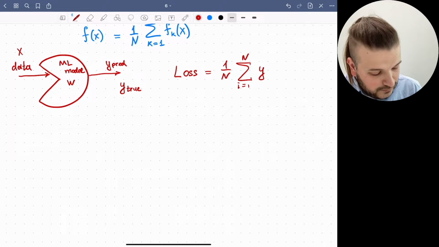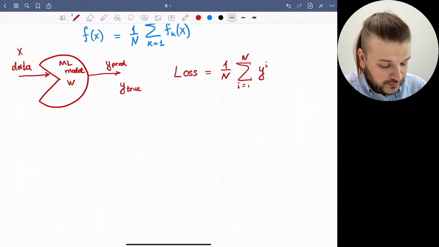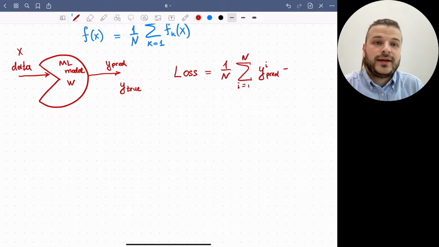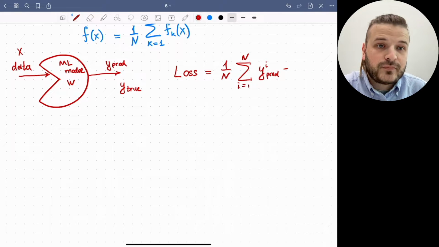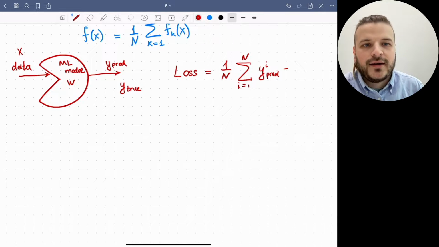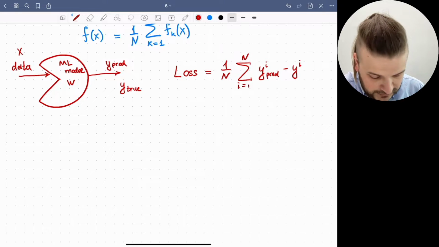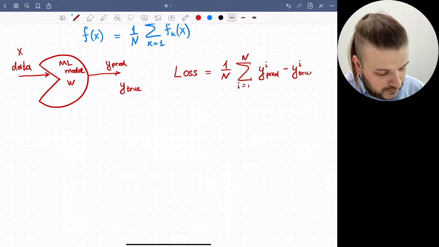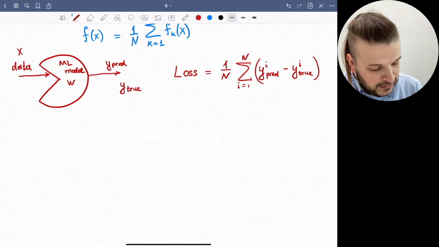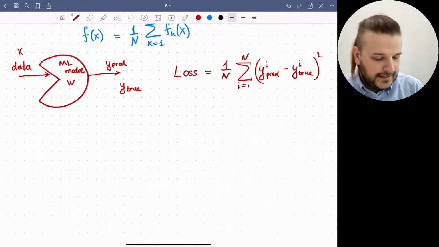There will be the i-th prediction of our model, which is a prediction based on the input with number i, and the ground truth i-th label. We're going to minimize this mean squared error here.